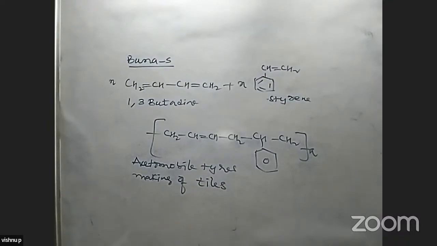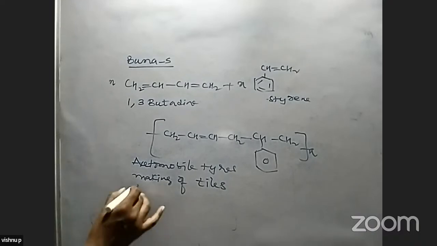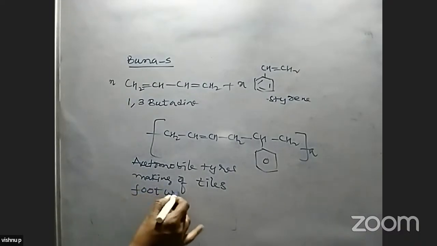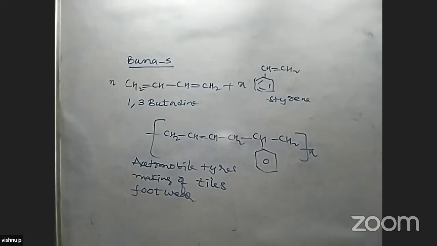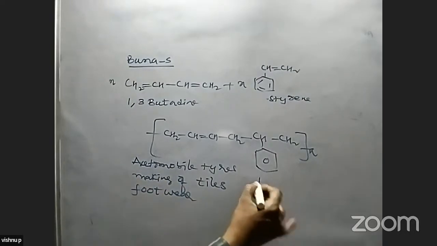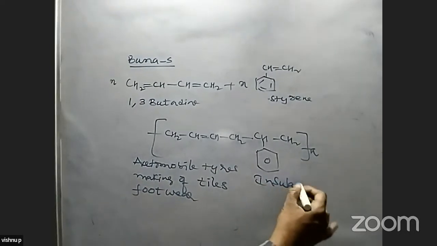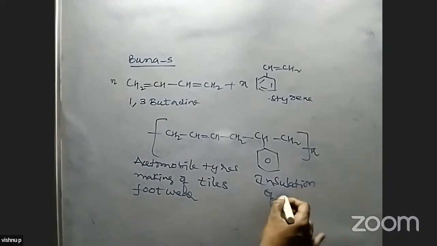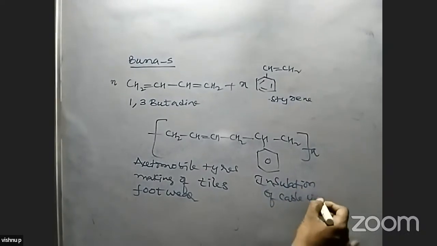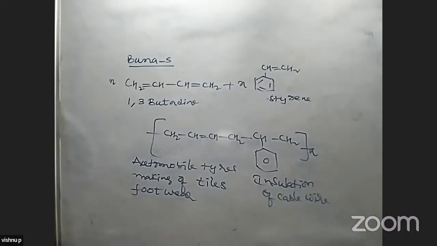It is used in making floor tiles, and also in the footwear industry. One more use is the insulation of cable wires. What type of rubber is that? That is called Buna S rubber.